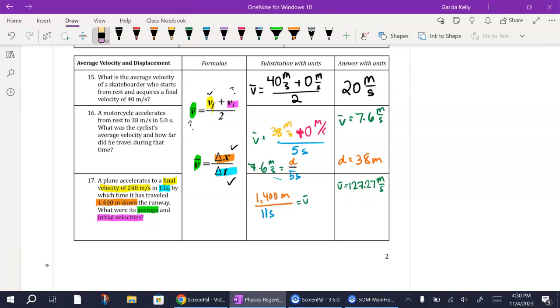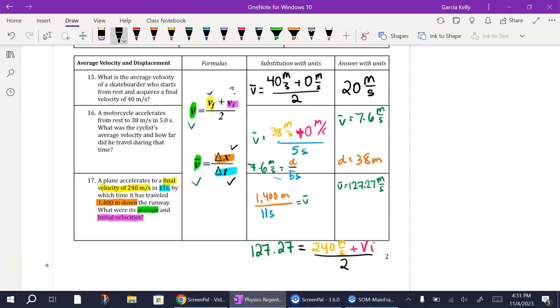So now I have this one, and I am left solving for my initial velocity. So 127.27 equals my final velocity of 240 meters per second plus my initial velocity that I'm looking for, divided by 2. From here it's just algebra.